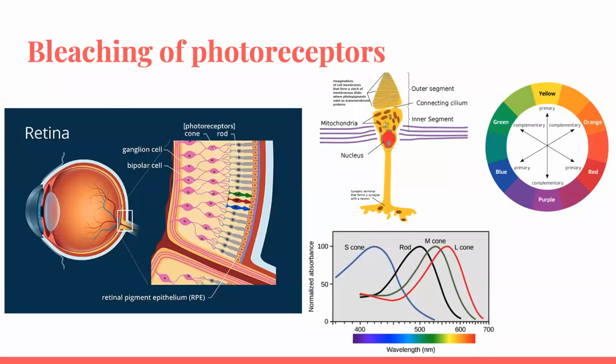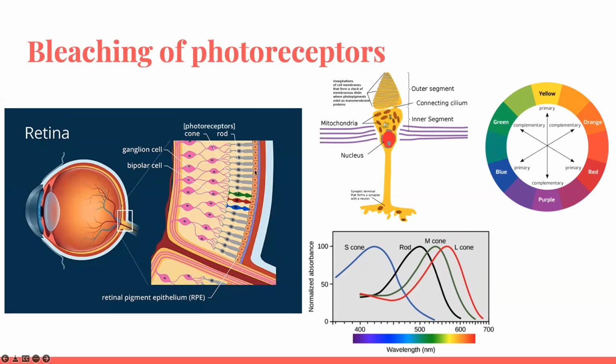Okay, so I want to quickly talk about the biology behind this. So in our eyes, we have the retina, right? That's kind of like a lining on the back of our eyeballs. On the retina, there are different photoreceptors. These receptors perceive light information and transduce it into neural signals. So these are the first stage of our perception of color.